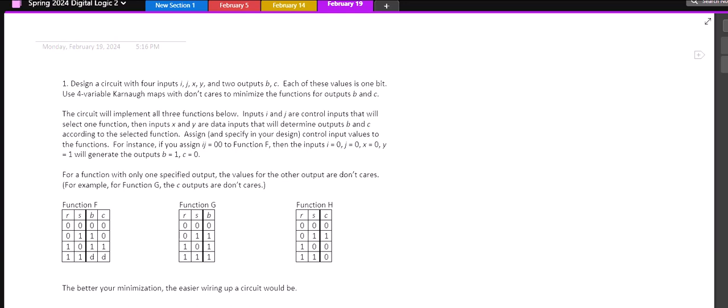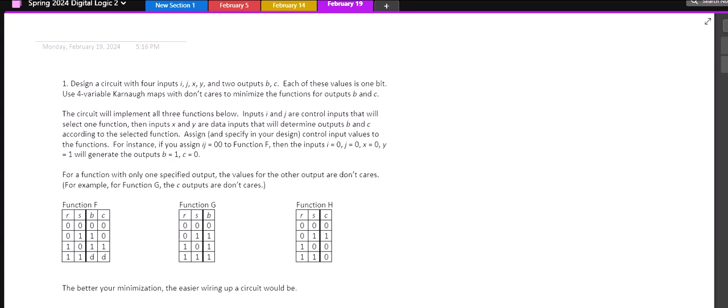Assign and specify in your design control input values for the functions. Okay, so I thought, when we started, I thought we were going to use a multiplexer, but now I'm not so sure that's the most efficient way to do it. Because our functions are so relatively simple.